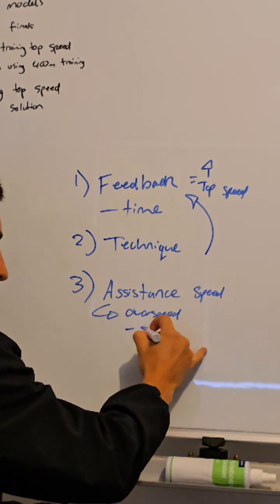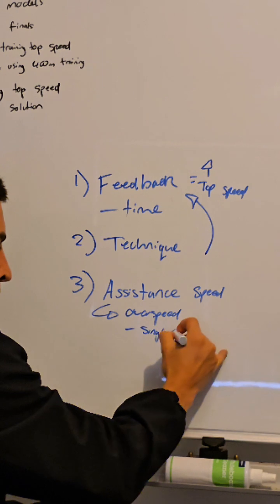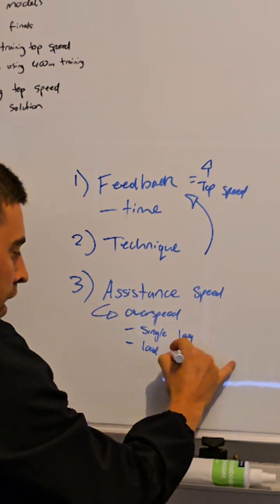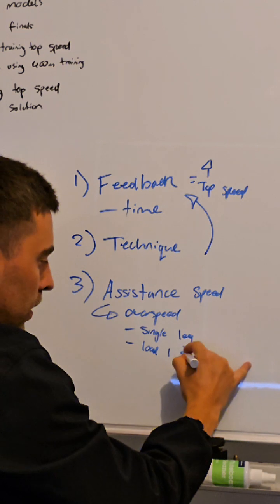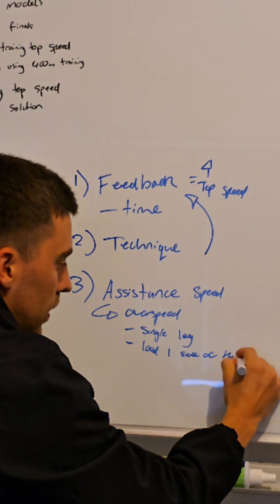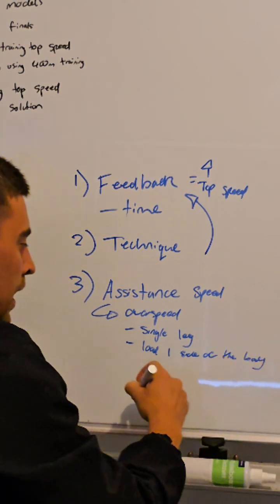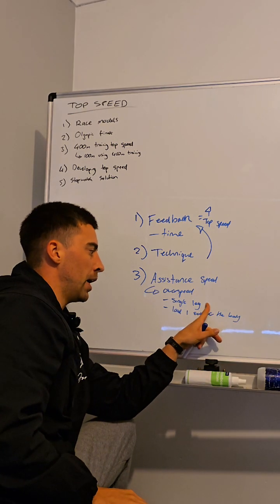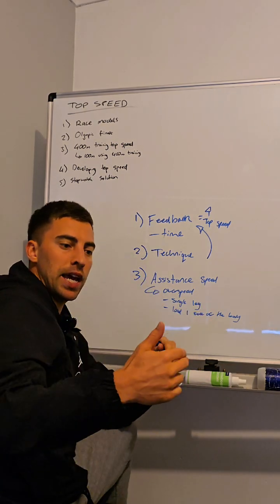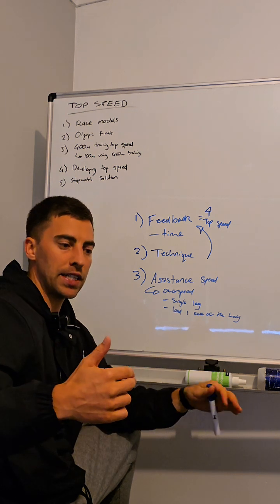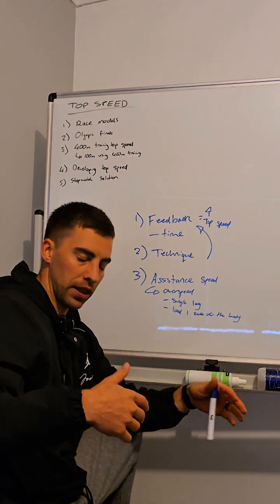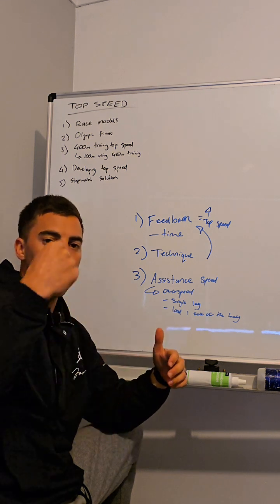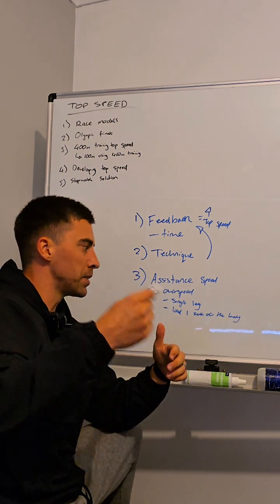For example, single leg runs, we can load one side of the body, different examples like that. If I do a single leg run, so I'm emphasizing one leg, and the leg that I'm not emphasizing isn't giving me as much stride length and as much time off the floor, then it's going to create an overspeed action on the side that I am emphasizing.